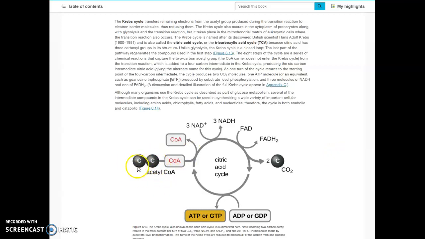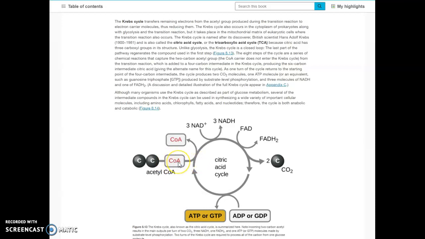Now you'll notice we only have a 2 carbon molecule here. Remember, pyruvate is 3. So in these transition reactions, we're stripping off a carbon. We're getting rid of a carbon and adding that acetyl to this CoA, and that's what's going to enter into the citric acid cycle.